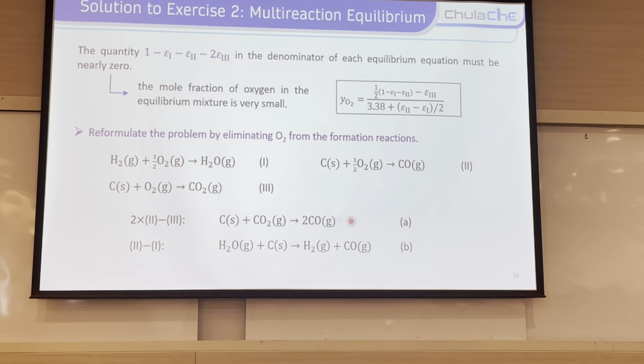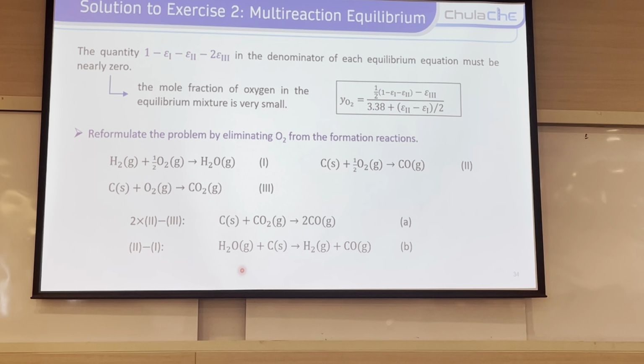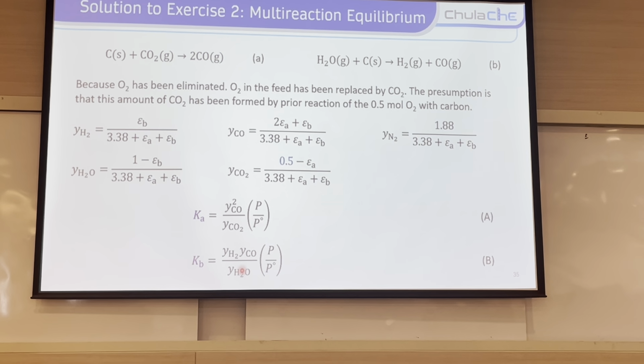Every species shown here in reactions A and B is a species that exists in the system. So this is the new set of independent reactions in the system, and we have to start over again to retain the mole fraction of each species and put it back into the equation of the equilibrium constant, the mole fraction ratio and pressure here.